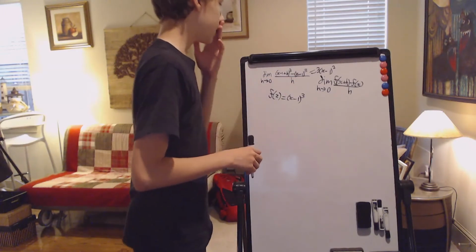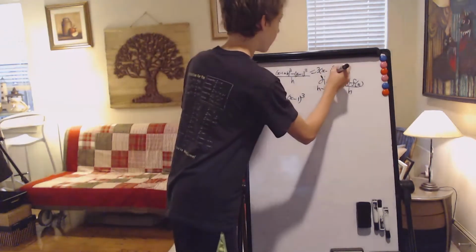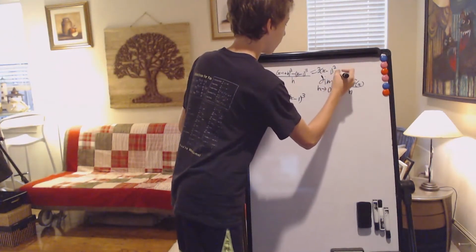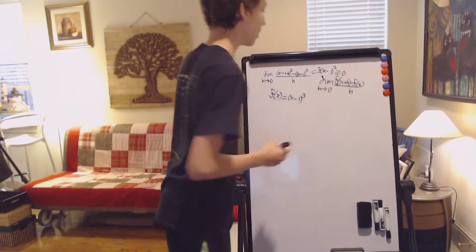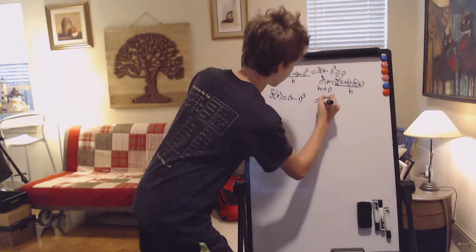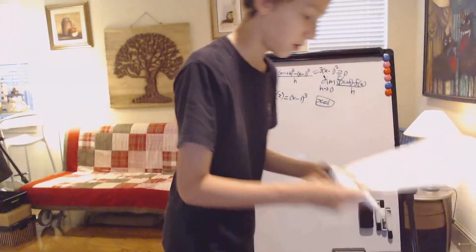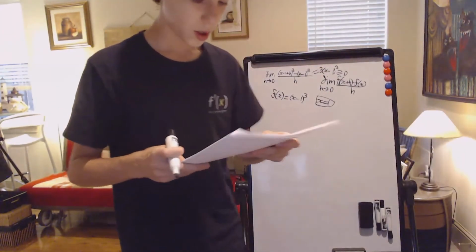It should be pretty clear that this is always greater than or equal to 0. So it's smallest when it's equal to 0, and the only time it's equal to 0 is when x is equal to 1. And that should be our answer. So that would be answer C. So let's go to our probably last problem.